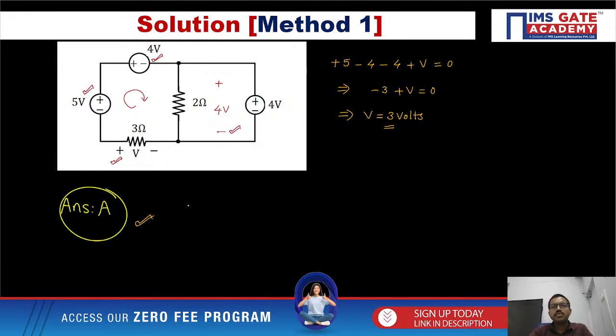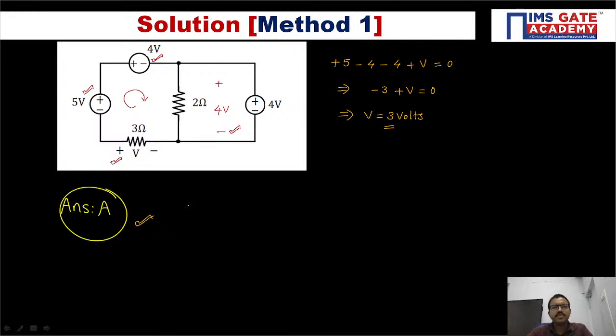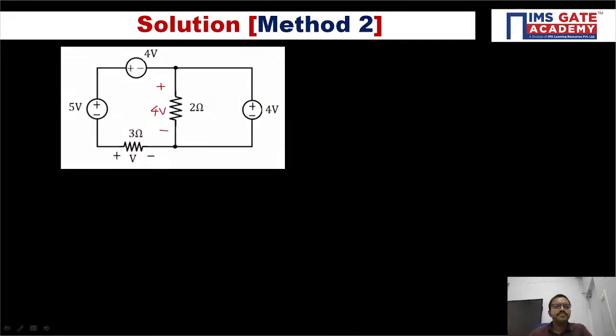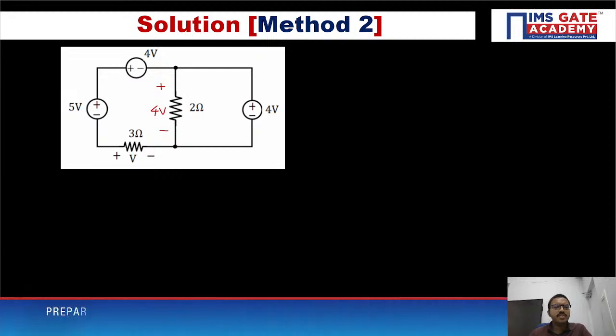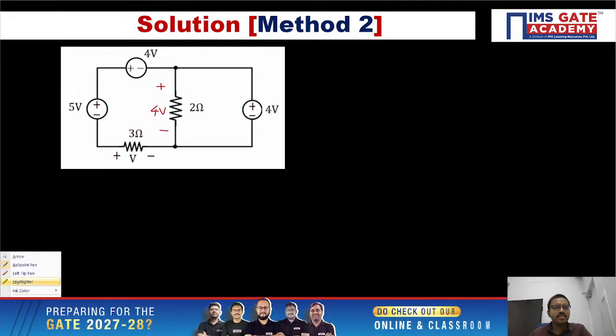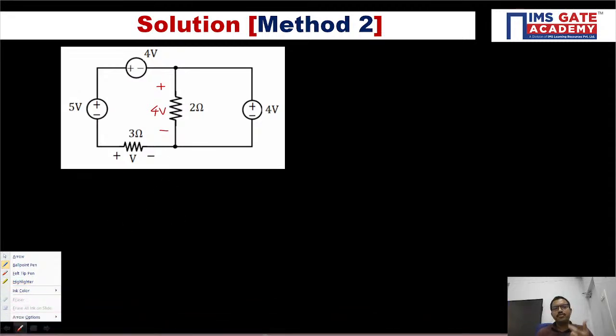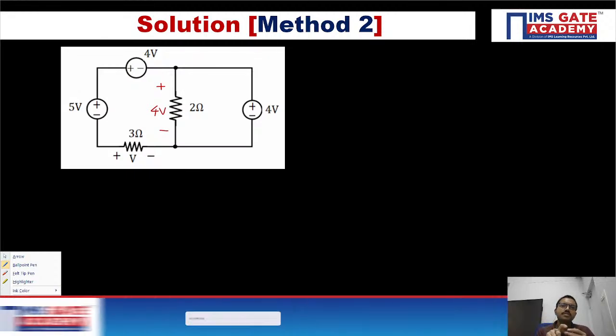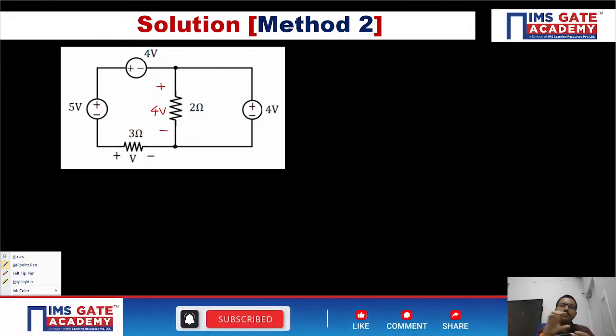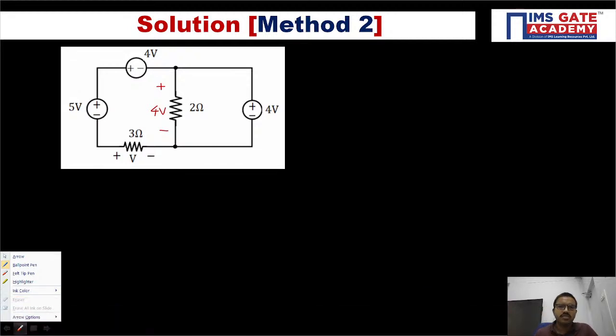Okay, this question we can also solve using the shortcut approach I gave earlier. Here we have to find out the voltage across the 3 ohm resistor. If you observe the 5 volt source, 4 volt and another 4 volt, you keep them in such a way in one alignment so that whatever resultant voltage you get is the voltage across the 3 ohm, correct?